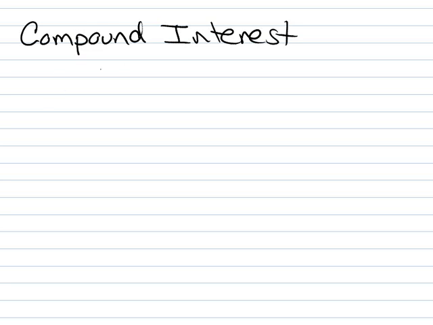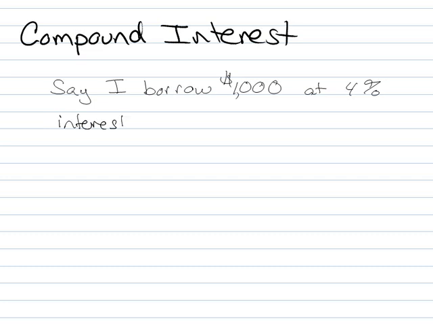So the idea is, say I borrow $1,000 at 4% interest, compounded annually.